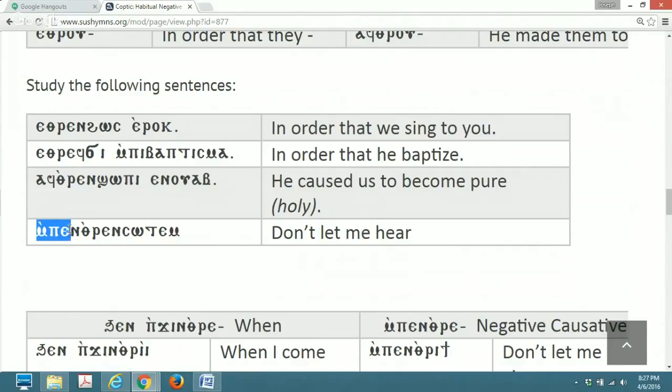So impen is the same thing as imper in this sense. So imper, impenetre, but you won't see it with the row; you'll see it with the n. Impenetren soten. So do not, same thing as imper. Do not cause us or allow us or permit us to hear. So do not let us hear. Here they put do not let me, but it's actually us. Do not let us or do not cause us to hear.